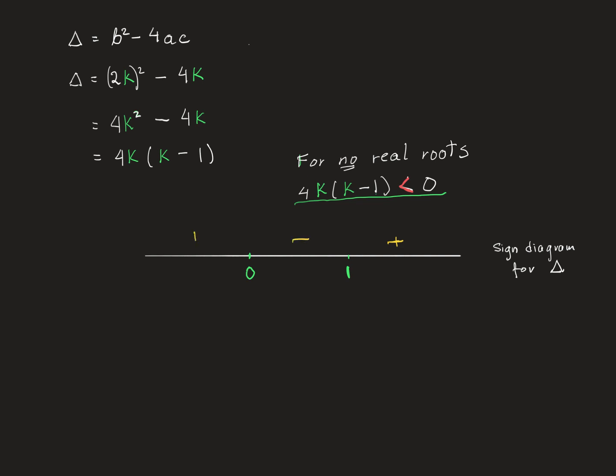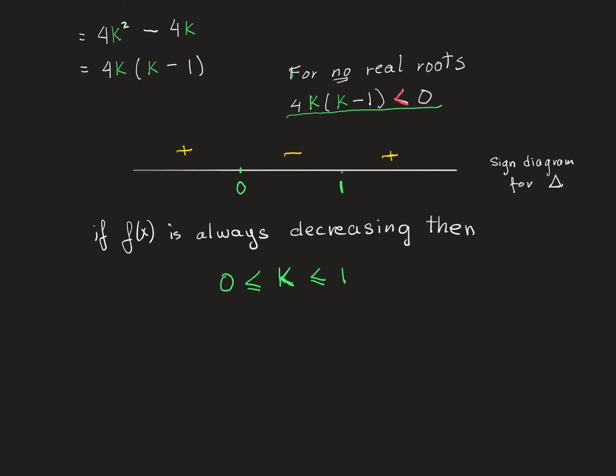And also a positive value if it's below 0. So we can now say that if f(x) is forever decreasing, then k must take the values between 0 and 1. And so we can write this down as k is less than or equal to 1, and k is greater than or equal to 0.